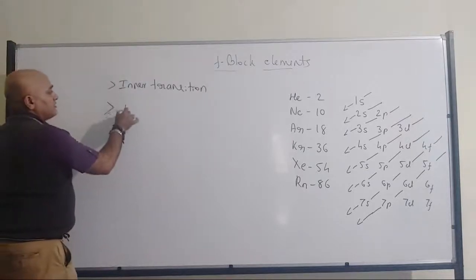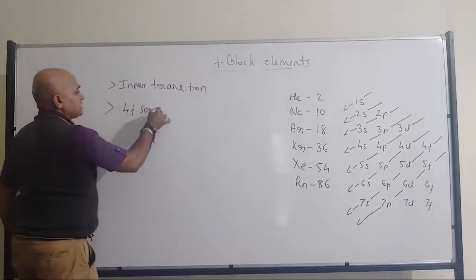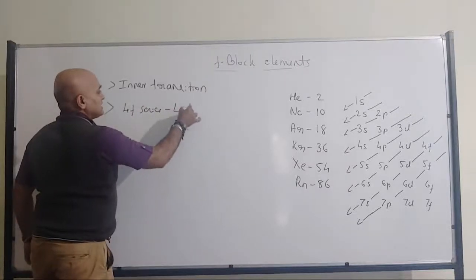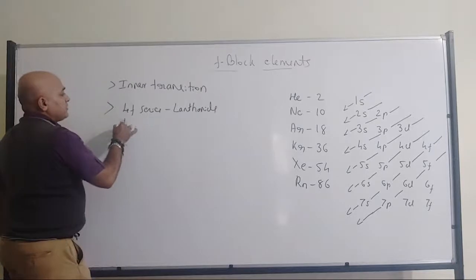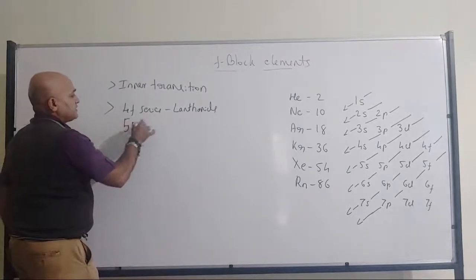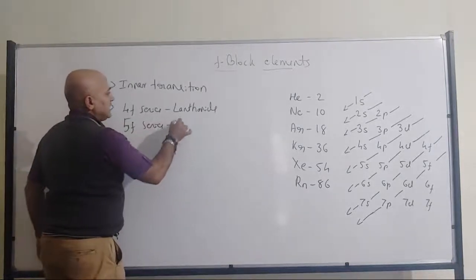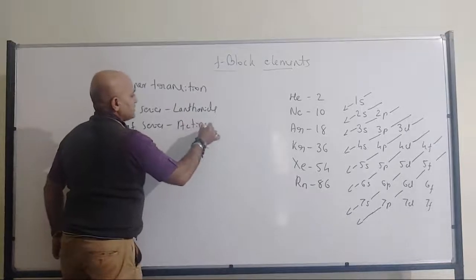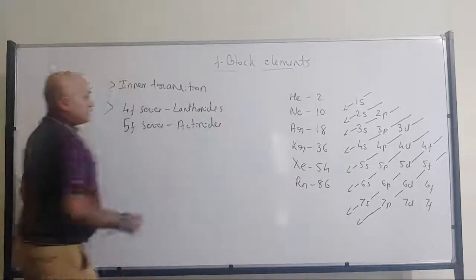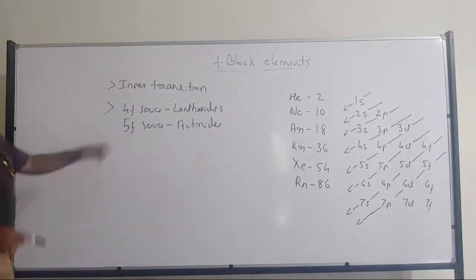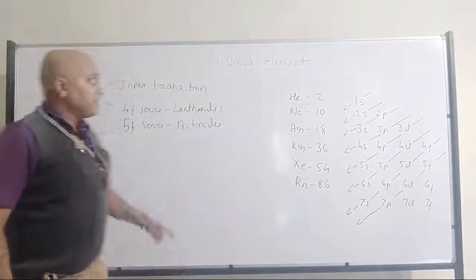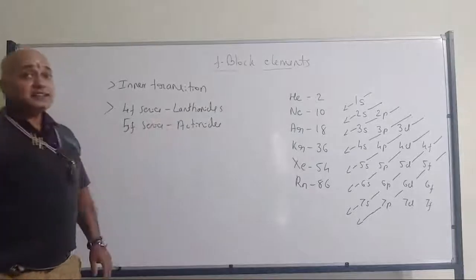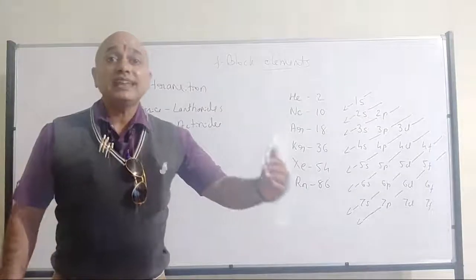Now, we have discussed the 4F series, which are called lanthanides, and the 5F series, which are called actinides. Why are the 4F series called lanthanides? Because they are present after lanthanum.